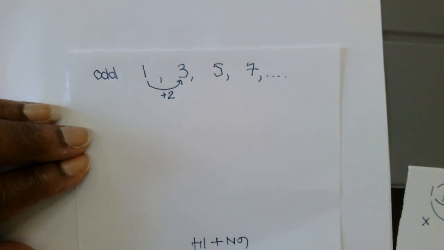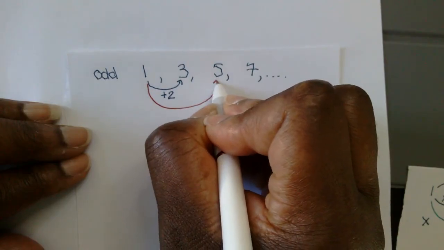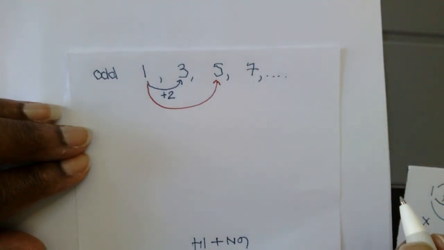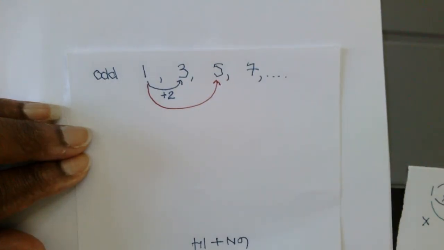Now, how do I get from 1 to 5? What do you think? Okay, how would I get from 1 to 5? So Big Al is saying add 4, JB add 4, Purple Pennies add 4.